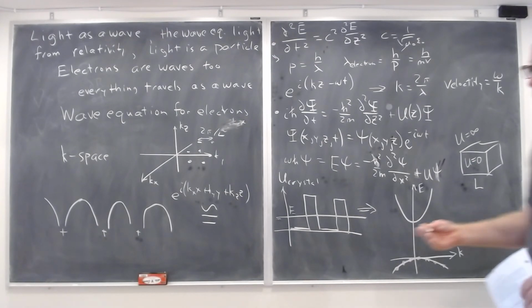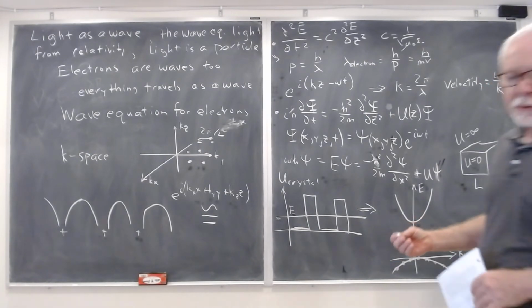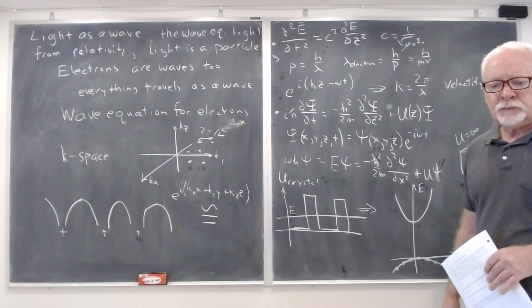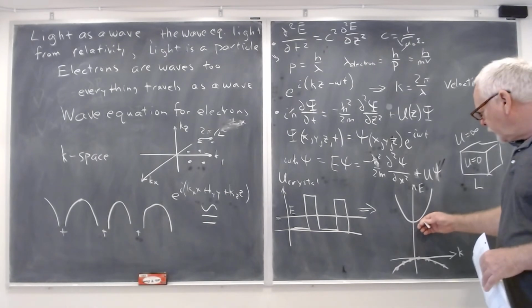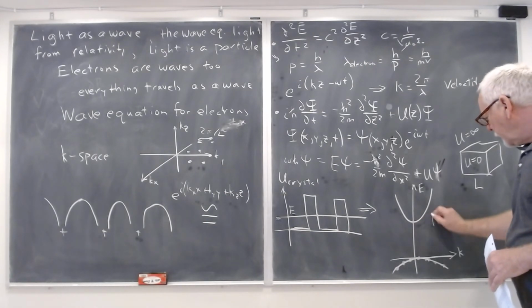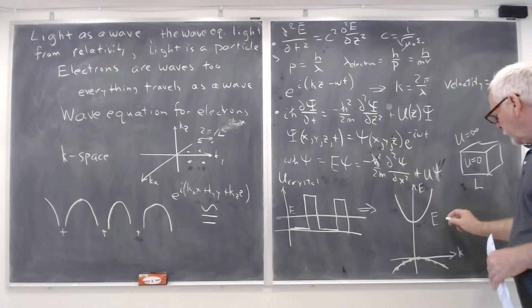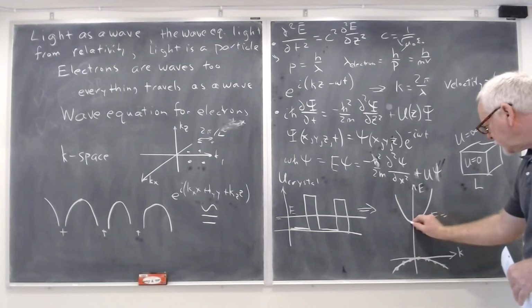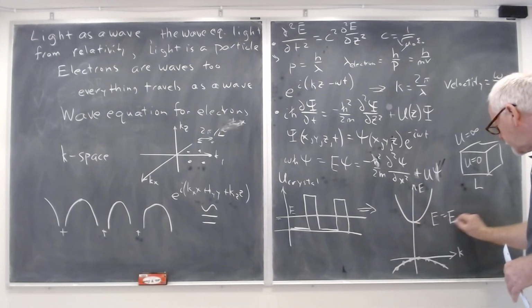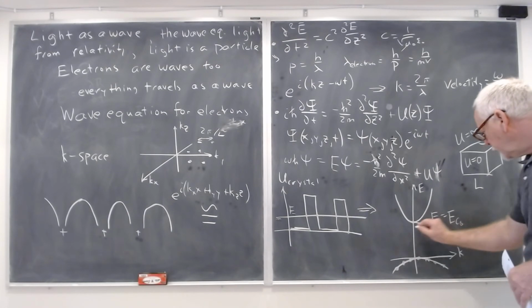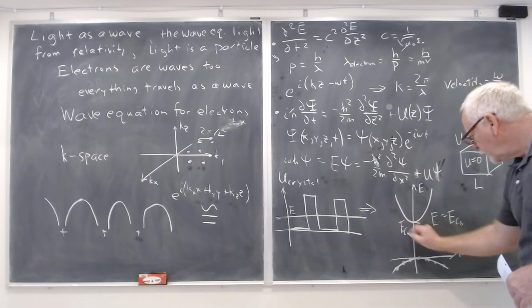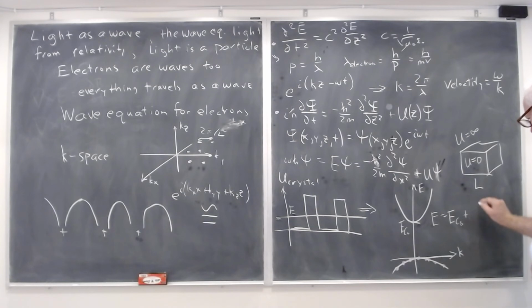Now here was where the second question of the midterm came in, because the most important result here is that E can be written as, for example, E C naught plus a proportionality constant, h bar squared over 2m star, k squared.